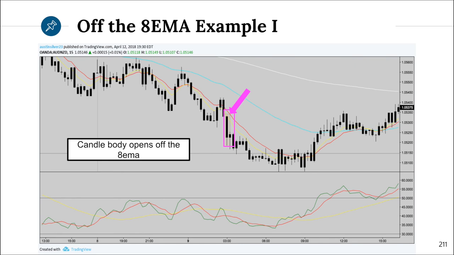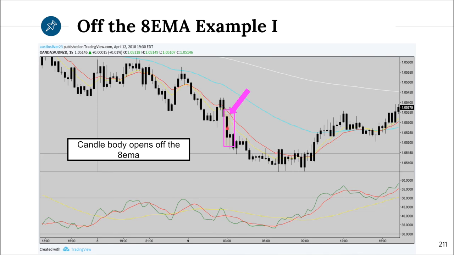The reason that we keep the 8 EMA on our charts is to keep us out of potential bad trades. If you're in a trade off the 13 EMA, off the 50, or off the 200, or even the 800, you're going to use the 8 EMA as a barrier, almost as if the candles close back within the 8 EMA, like they do for the first time right here.